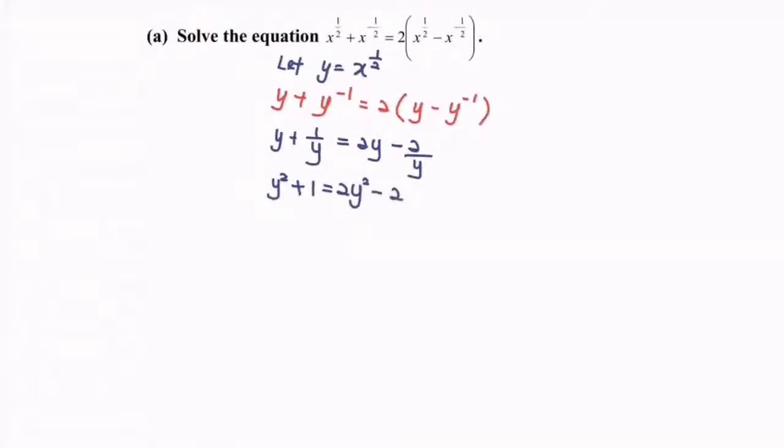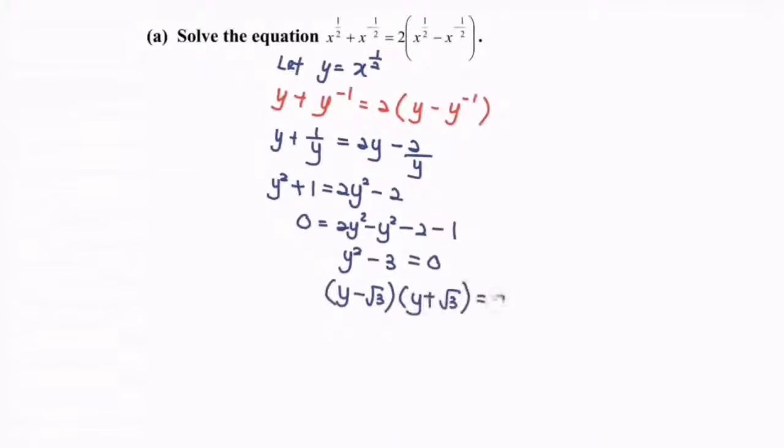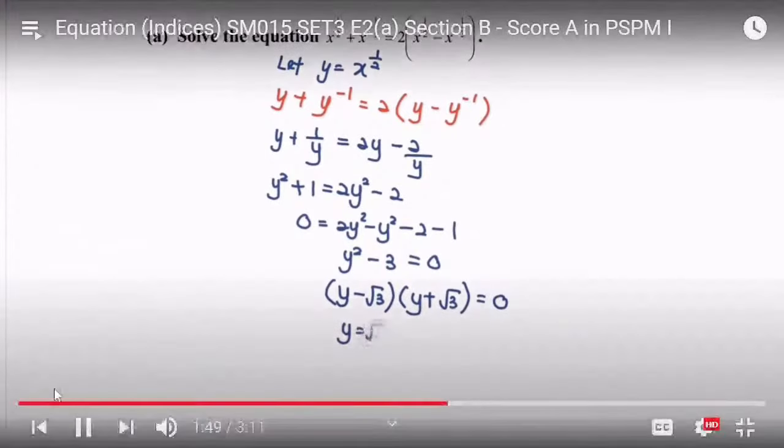Rearrange the situation and we will have 2y squared minus y squared minus 2 minus 1 equals to 0. Y squared minus 3 equals to 0. Factor the situation: y minus square root of 3 multiplied with y plus square root of 3 equals to 0. So the value of y will be equal to square root of 3 and negative square root of 3.